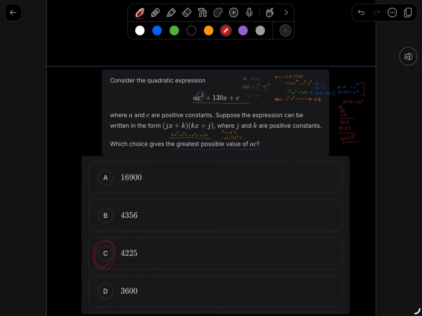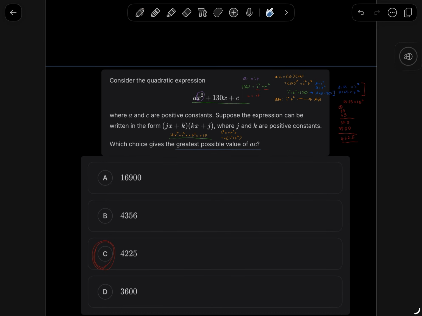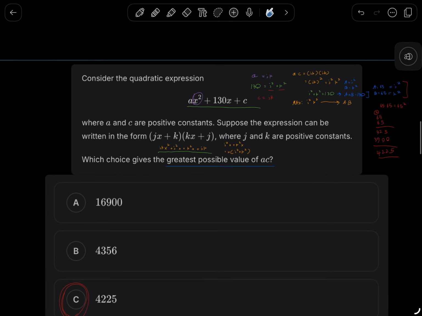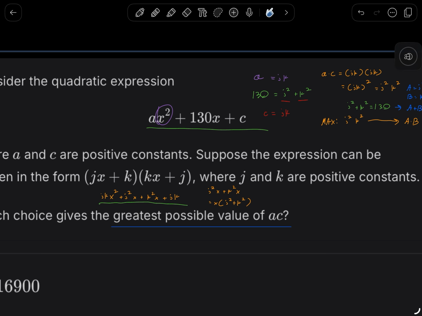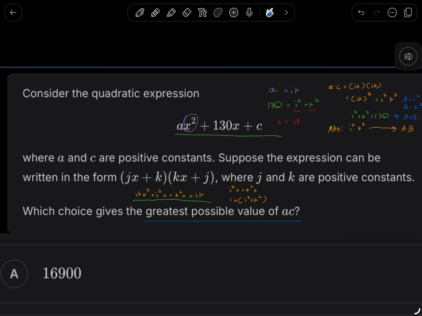So once again, for these types of constant problems, first look at what the question is trying to ask. So you know the end goal here is to find the greatest value of AC. Then they give us two equations, which have to equal each other, because one of them is just rewritten in a different form.